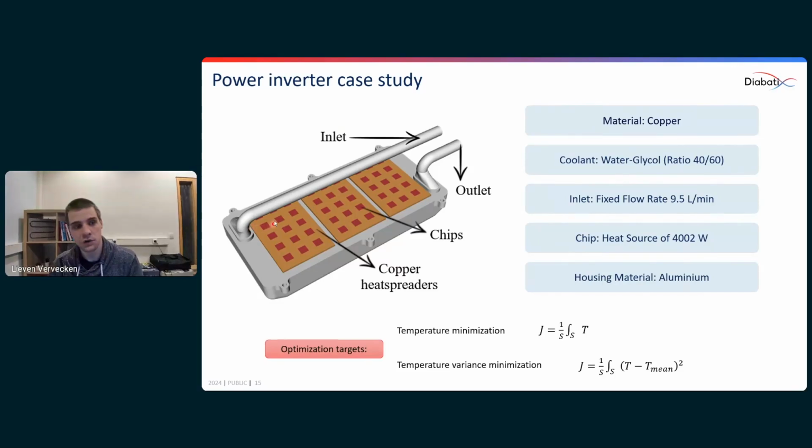The coolant is still cold, so it's very easy for the coolant to cool down these chips. On the opposite corner here, the coolant has heated up, so it's much more difficult for these chips to be cooled down. And that's what we want to counter with the temperature variance minimization. I want the temperature on the chips to be as uniform as possible over all 90 combined.